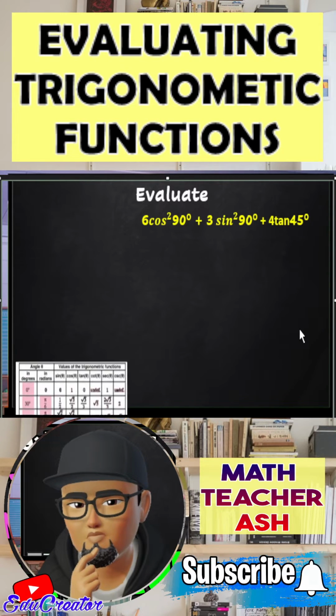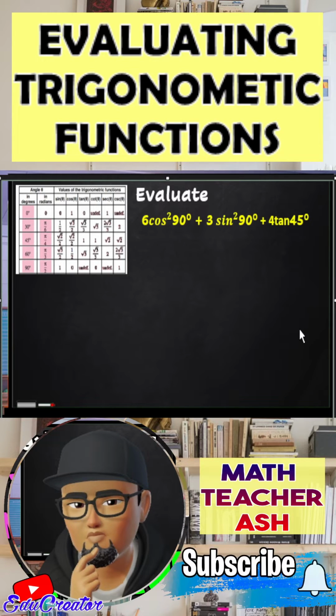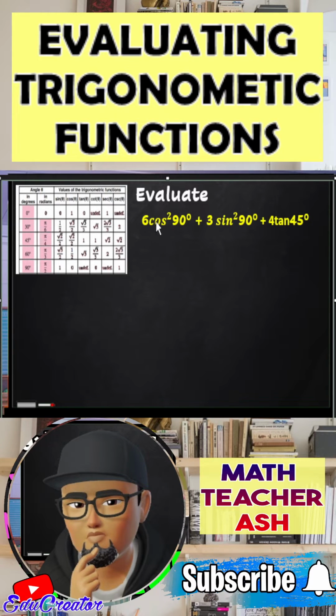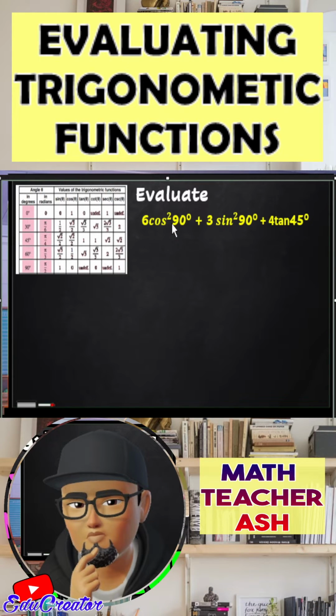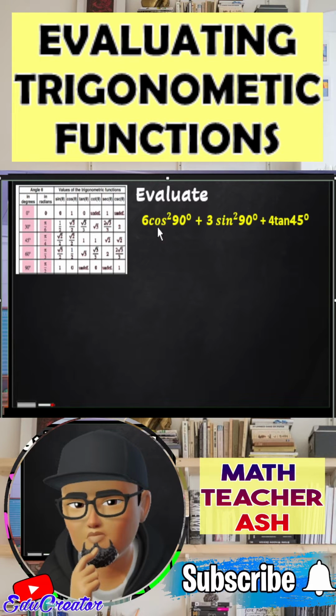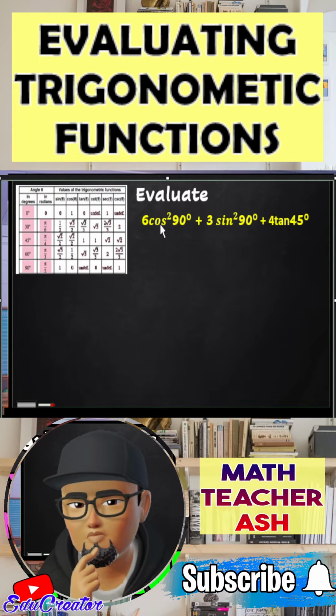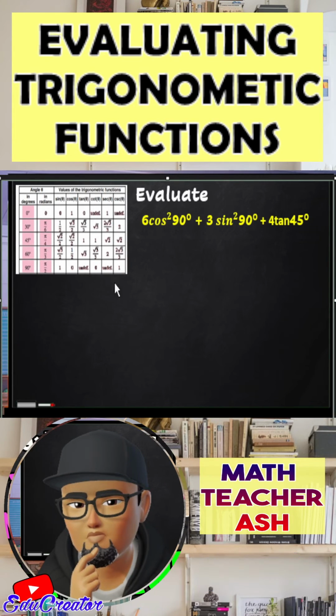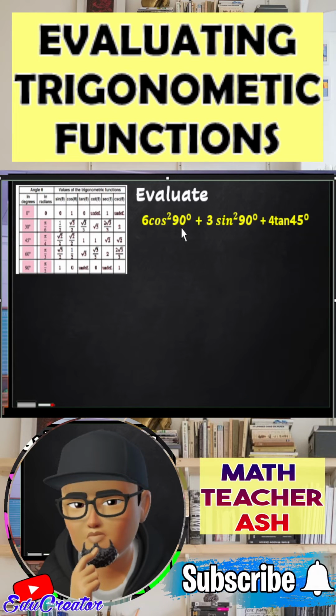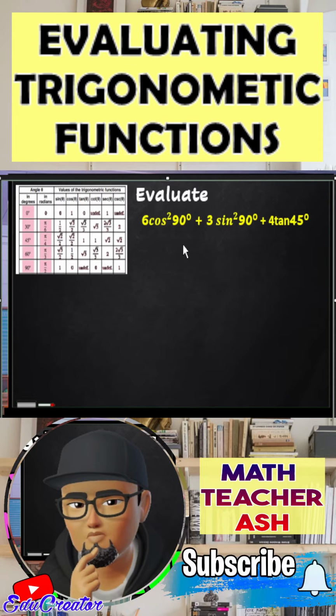Now, of course, we will consider our table first. And what does it mean if you have a square in our trigonometric function? My dear math learners, if you do have a square in your trigonometric function, what you will do is consider cosine 90 in your table, and then the value of that, you square it. I hope that is clear.